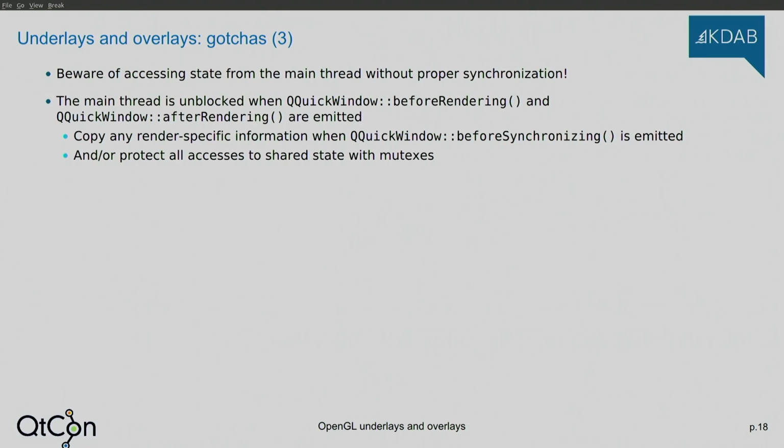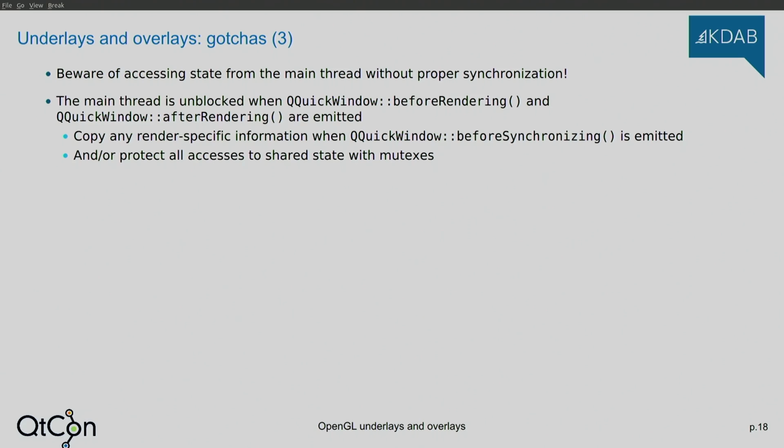And finally, remember it's multi-threaded now, so beware of touching stuff from the GUI thread in the render thread without proper synchronization. These slots will need to be called by the render thread itself. So you are not allowed in them to touch any state which is present in the main thread without proper synchronization.